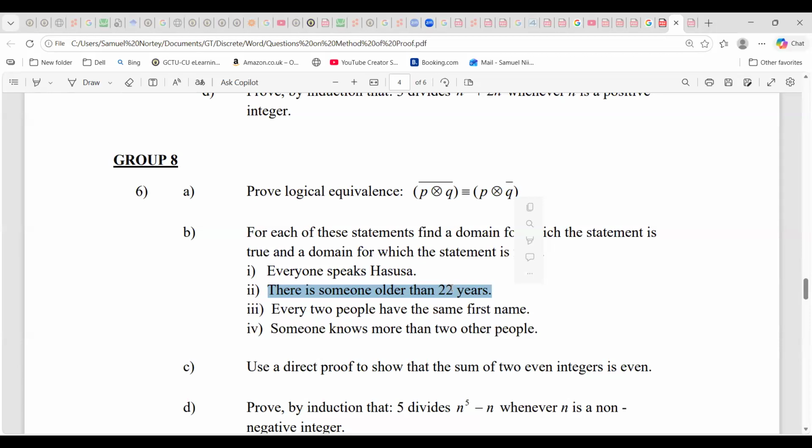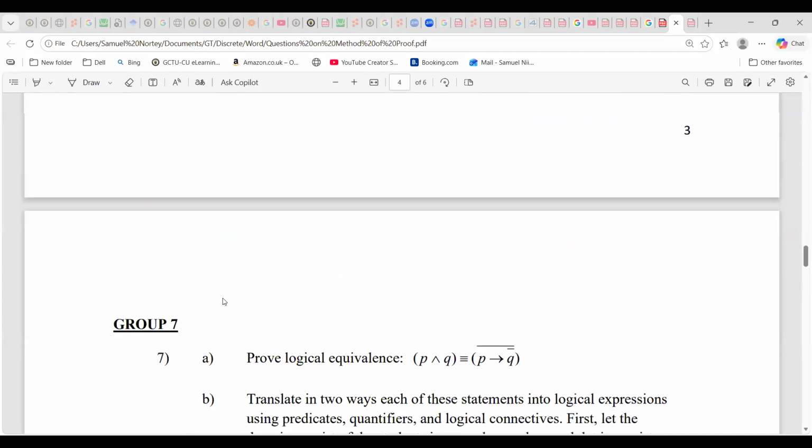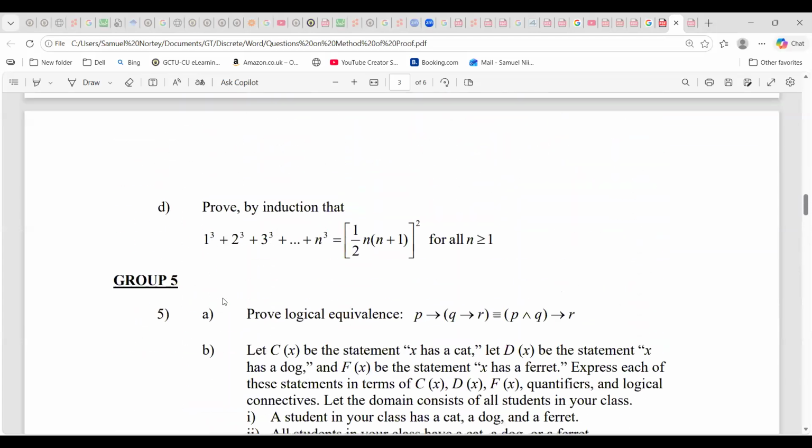Do you understand what I'm saying? So you can say all mature students, it is true. And then you can also pick a domain, all children born in 2010, they are younger than 22 years. So these questions on predicates are basically to help you understand the concept.